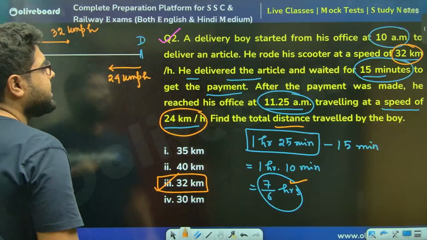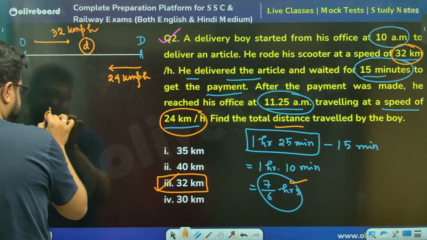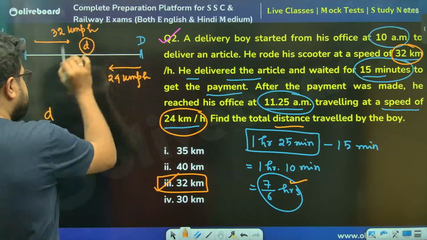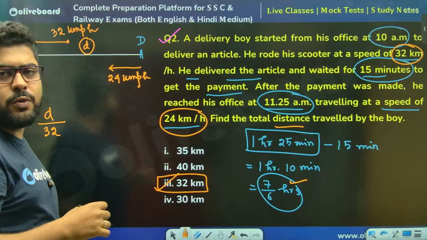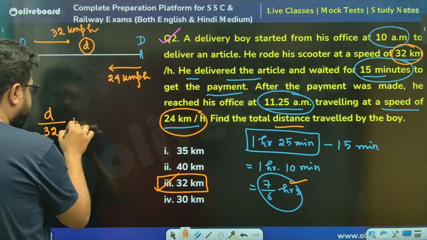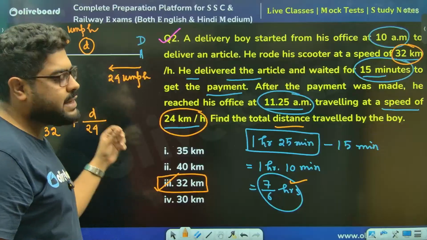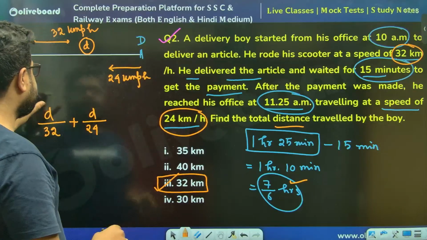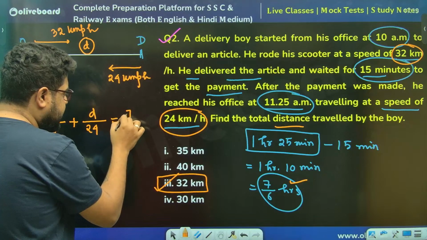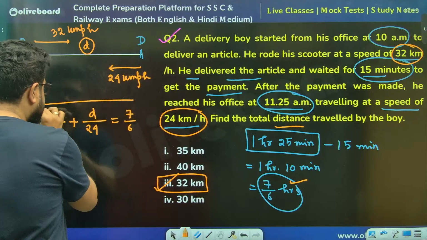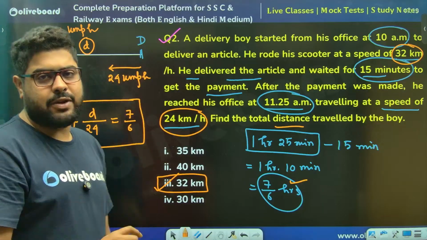So how much time did going take? I don't know the distance, so let's take D for understanding. But if there are better ways, I will tell you. D divided by 32 is the time he has taken to go. Plus D divided by 24 is the time he has taken to come back, because distance by speed gives you time. If you total, that is given as 7 by 6 hours. This is our simple equation.